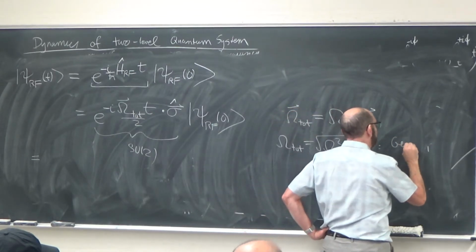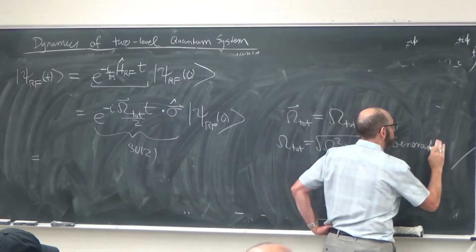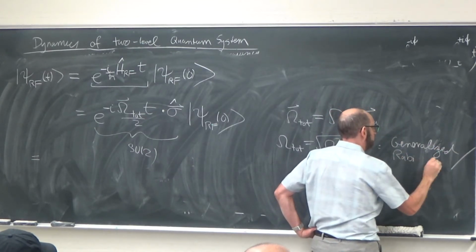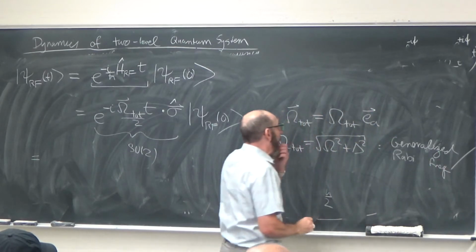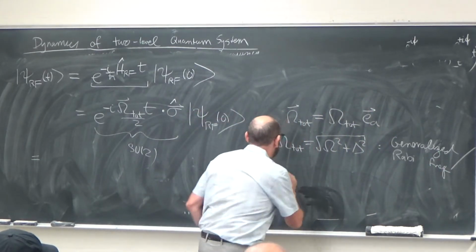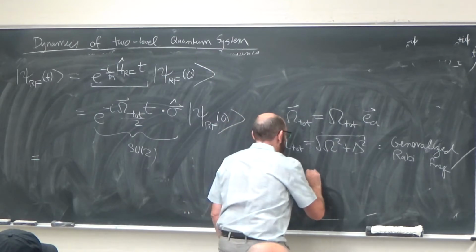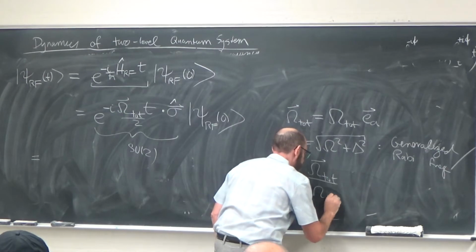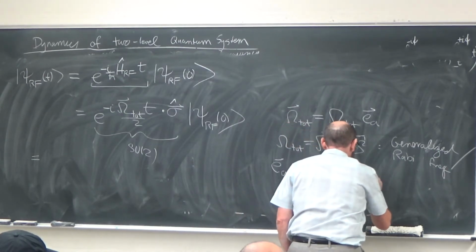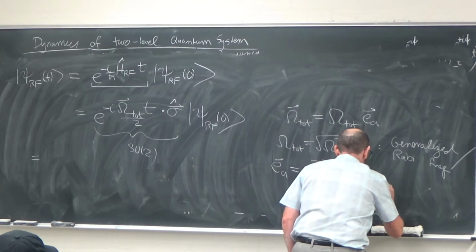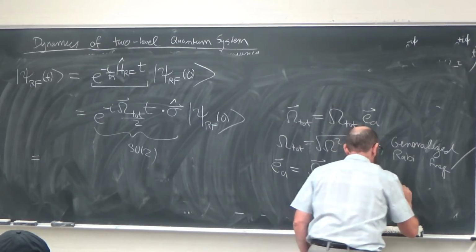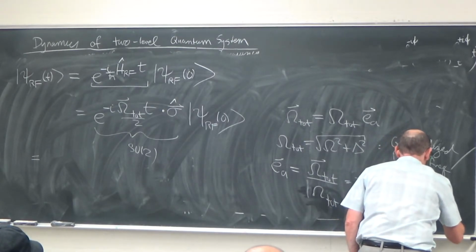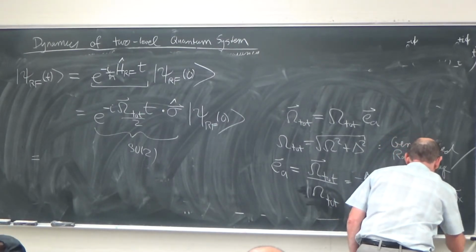This is known as the generalized Rabi frequency. And the direction is equal to this over its magnitude, which is minus delta in the z direction plus omega over omega tote, cos phi x plus sine phi y.